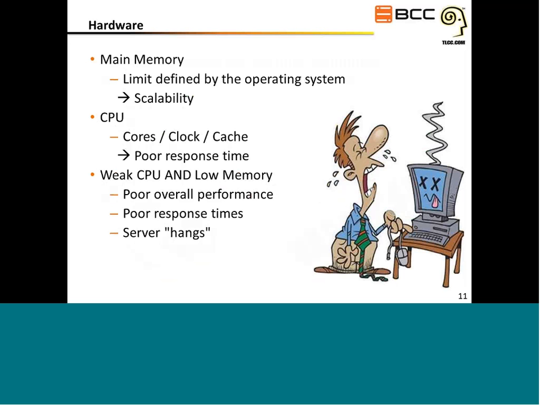There are cores, the clock speed, and cache, first or second level cache, and if you have a weak CPU, you have a poor response time. Put it all together, a weak CPU and low memory, this is poor overall performance and a poor response time, and maybe your server may hang.